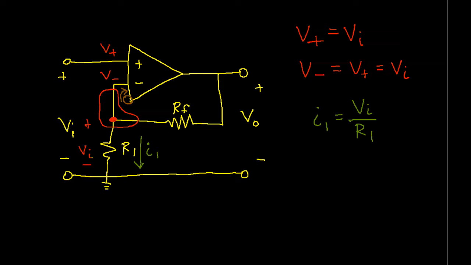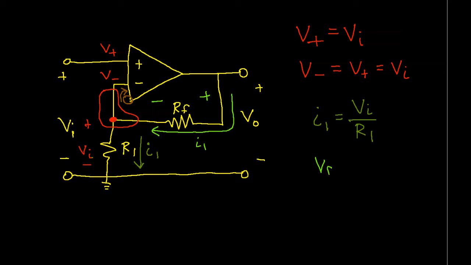So that means that all of the current that goes through I1 has to come down out of the output of the op-amp and through RF. The current through RF is the same as the current through R1. Okay, so if we know that, then we can compute the voltage across RF.